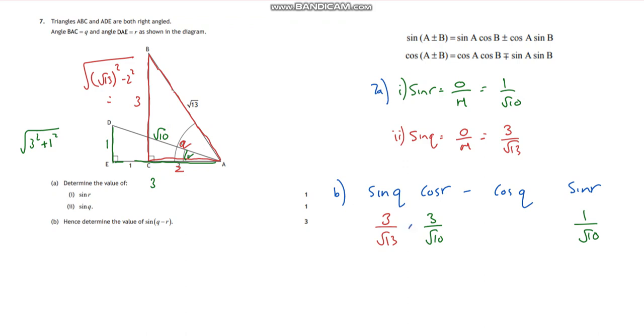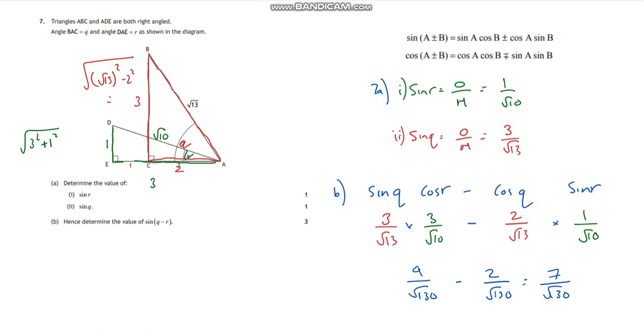And the cos Q, again, that's adjacent over hypotenuse, that's 2 over root 13. Fantastic. So we'll just put all that together. So I'm going to get 9 over root 130, take away 2 over root 130. So that's 7 over root 130.